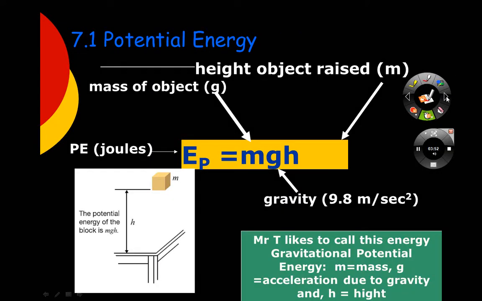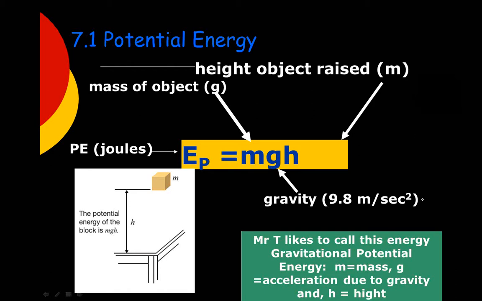Here is the formula for potential energy. EP is the energy of potential, or potential energy, and that's going to be in joules. Remember, work is also in joules. EP equals mgh.